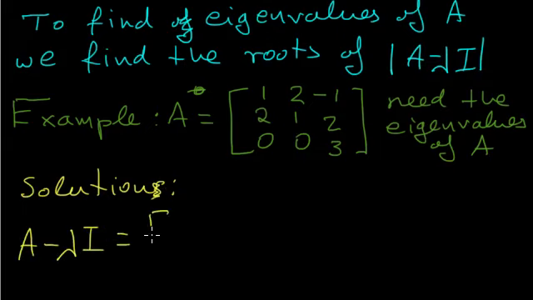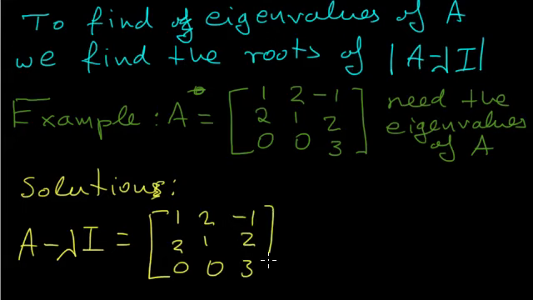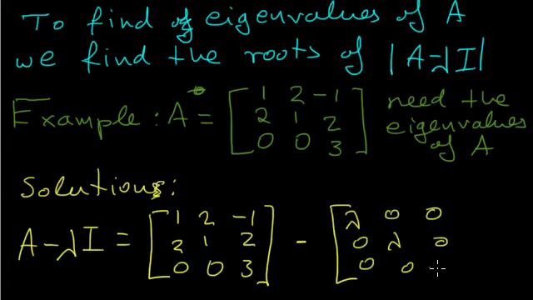So that is the matrix A, and from this I need to subtract the matrix I multiplied by lambda. So that's lambda along the main diagonal and 0 everywhere else.